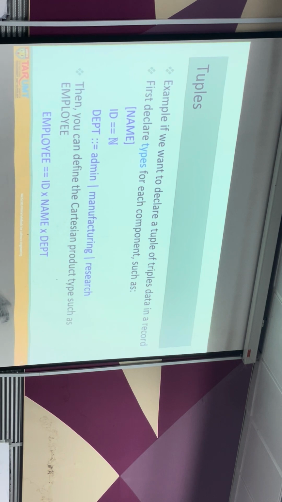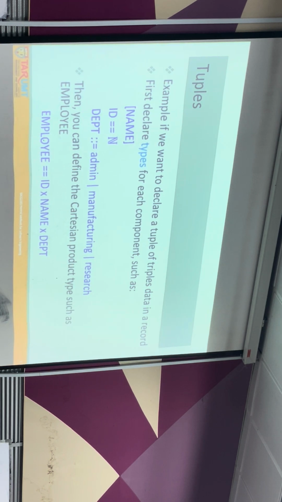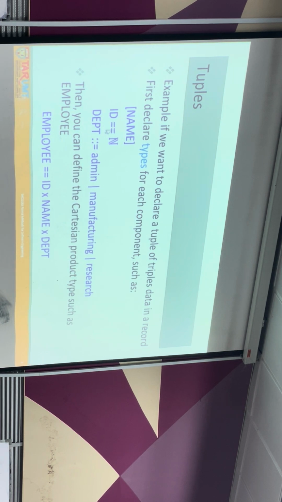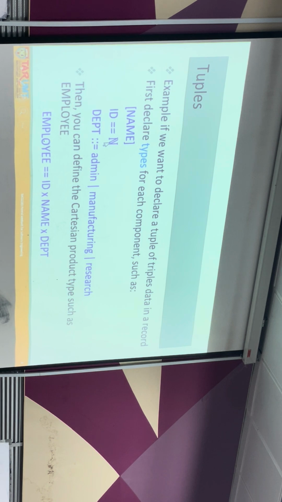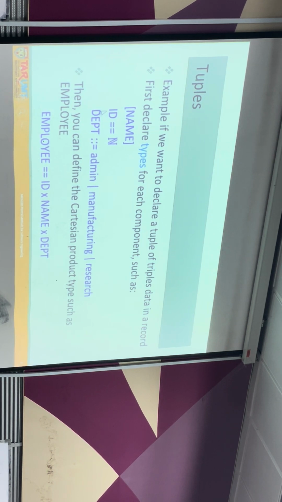It means that if you see ID, the type is N. So you define ID as N. In the system, N is equal to ID, and ID is equal to N. Same thing. You understand or not?